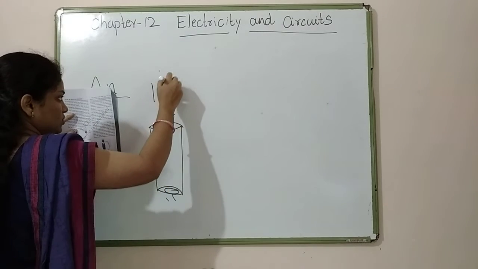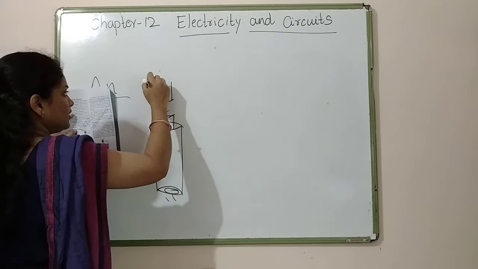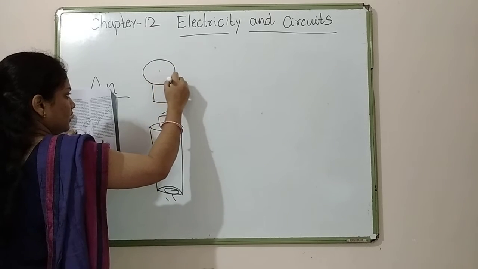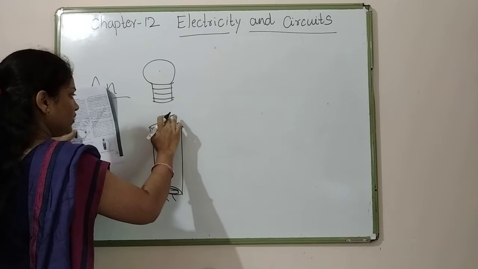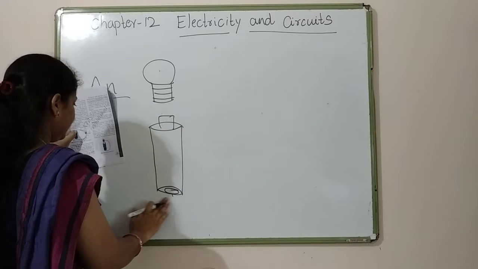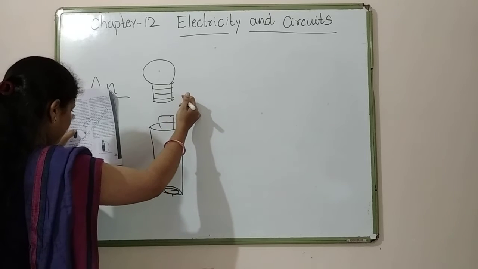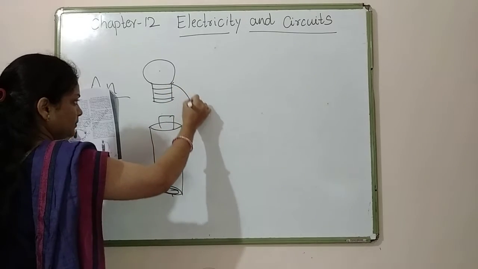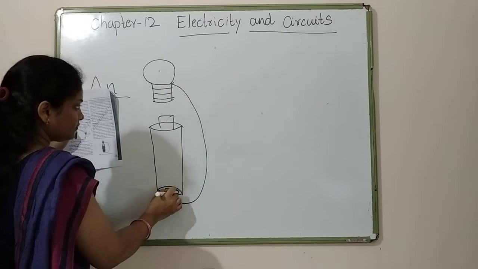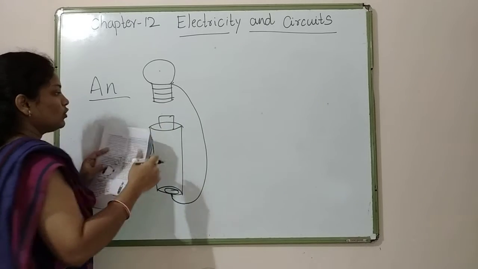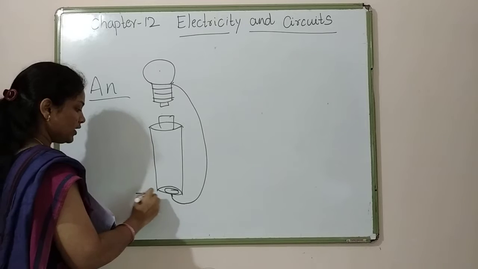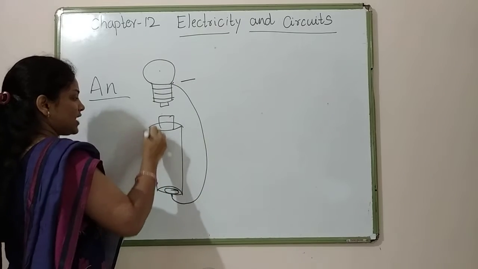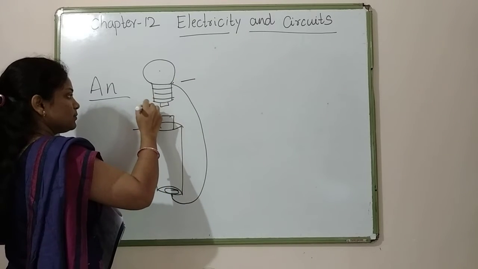Try to do this connection. So this is a bulb. Take one wire and connect it from here to here. Then connect one negative to the negative side, and this is the positive side.